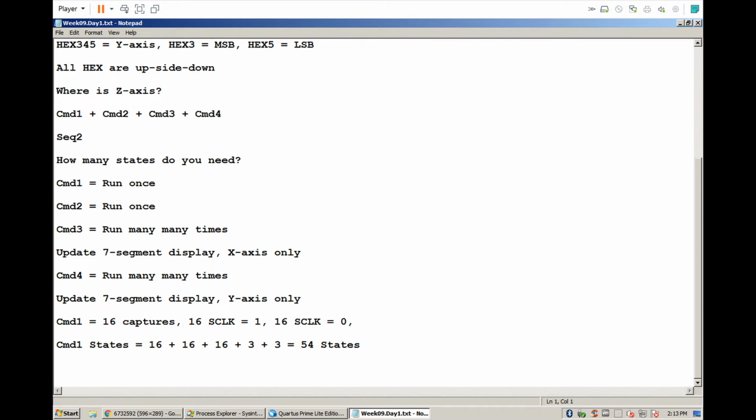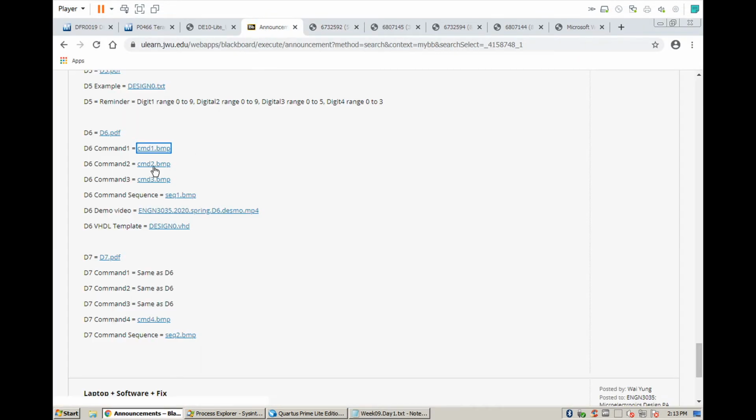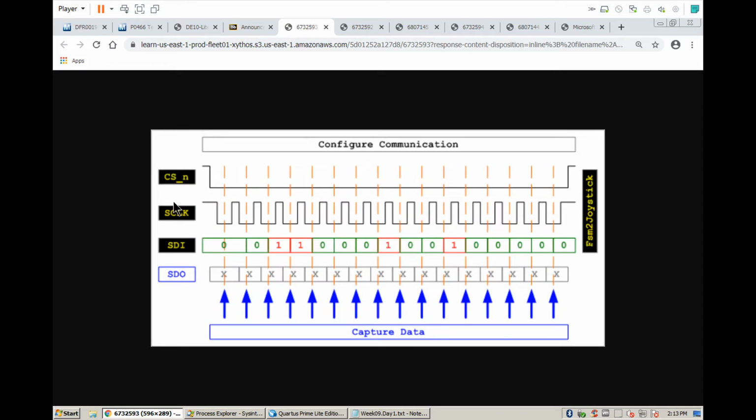For command number 2, you look at the link. Similar configuration. 1, 2, 3, 4, 5, 6, 7, 8, 9, 10. 10 arrows. 1, 2, 3, 4, 5, 6. 6 arrows. 16 arrows.